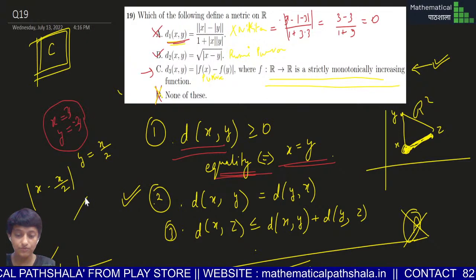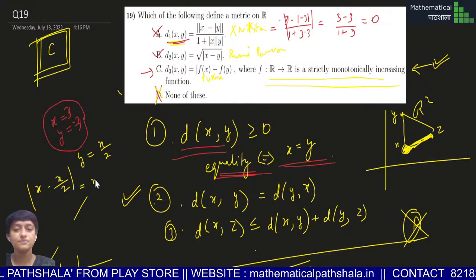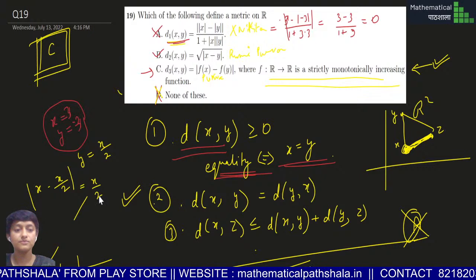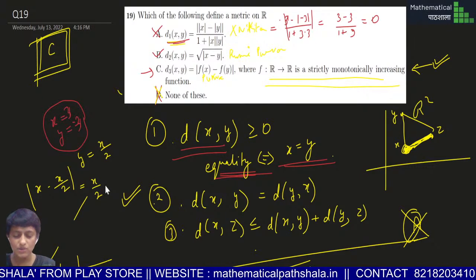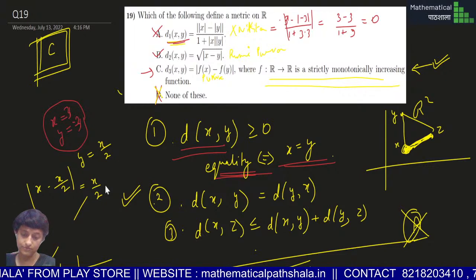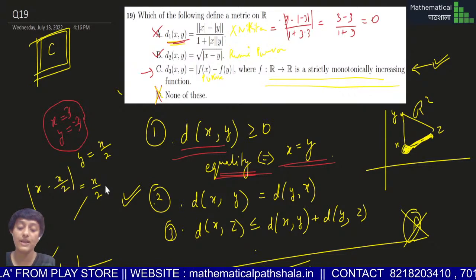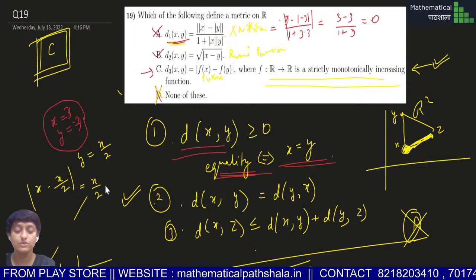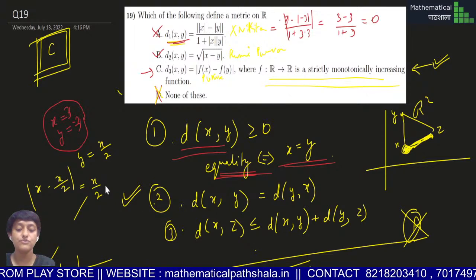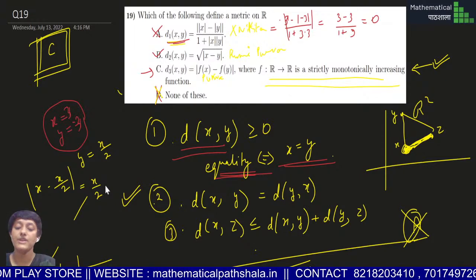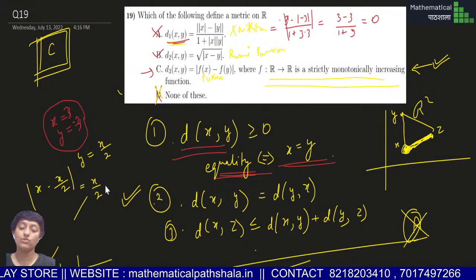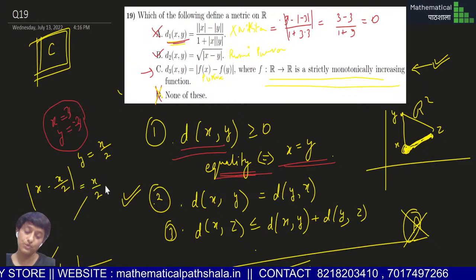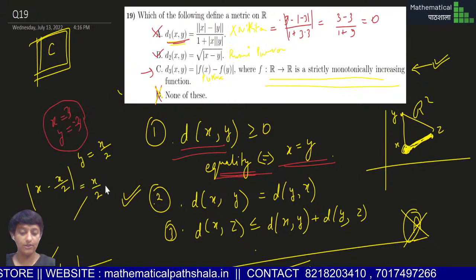And x is 1, y is 2. What are you saying? If you are taking this example, fx is equal to x, fy is equal to x by 2, then it means that y will be x by 2, right? So why are you taking y is equal to 2 if you are taking x is equal to 1? Y will be 1 by 2.